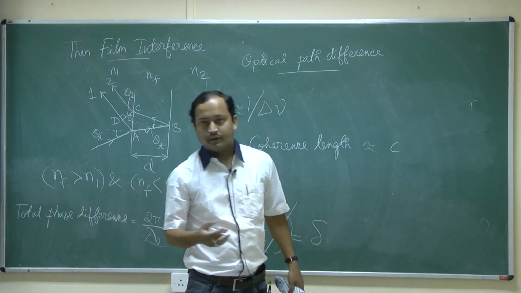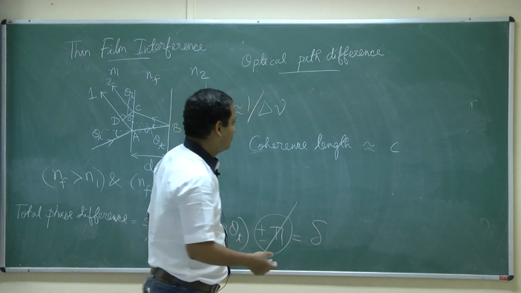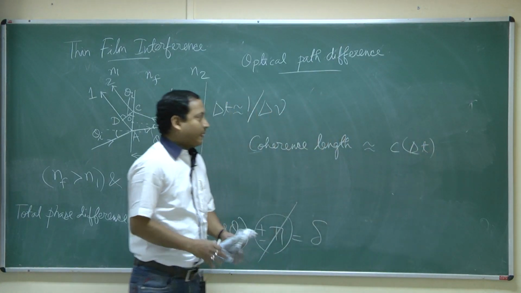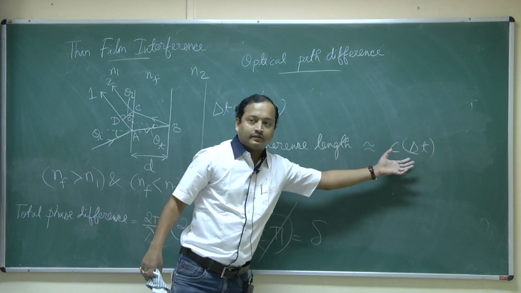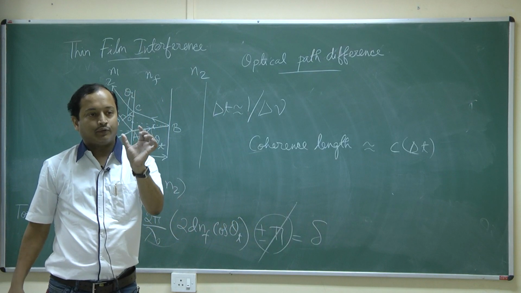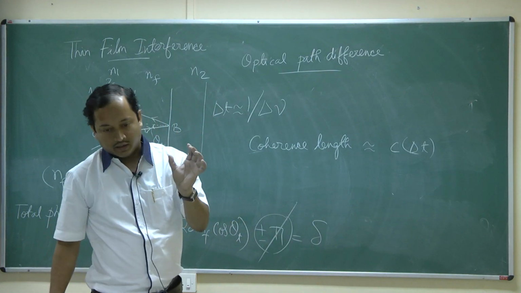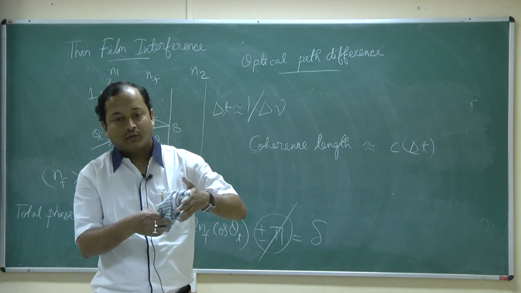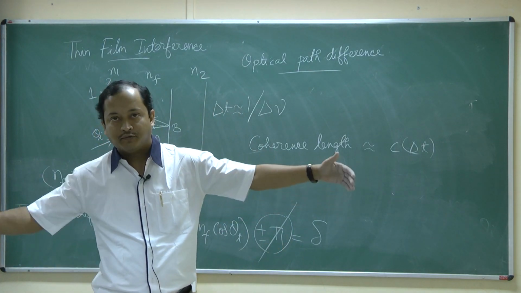Suppose c is the velocity of light in vacuum; in a medium it would be some v. The velocity of light times the coherence time is typically the coherence length. So again, the finite wave trains are coming, and this is the coherence length. Each source is not coherent over a huge time.